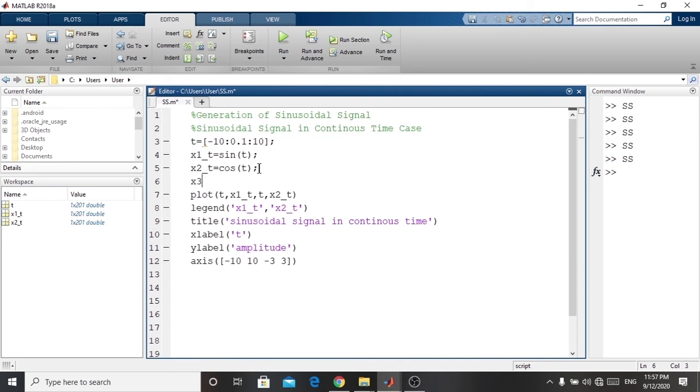Let's define x3_t is equal to x1_t plus x2_t, and in the plot function let's include x3_t also. In the legend function also let's include its name as x3_t. Now let's run this code and obtain the graph.